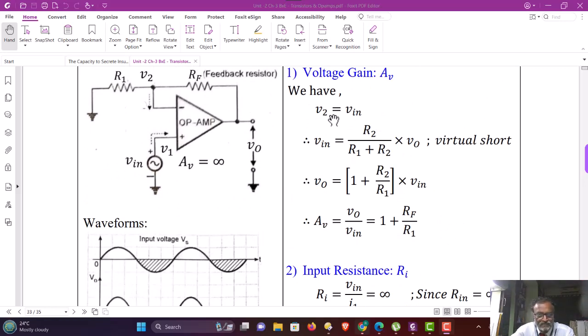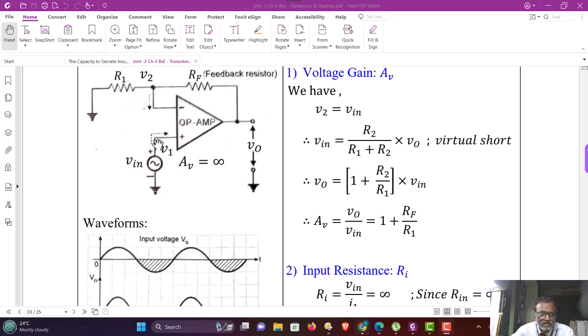For that purpose, we have to analyze the circuit and find the expression for voltage gain. In this circuit, V2 is the same as Vin. The reason is that the op-amp has infinite gain and the output is always finite when a finite supply is applied. Therefore, the differential voltage between the two input terminals is the finite output divided by the infinite gain of the op-amp, which is equal to 0. So the input differential voltage between the inverting and non-inverting terminals is 0.